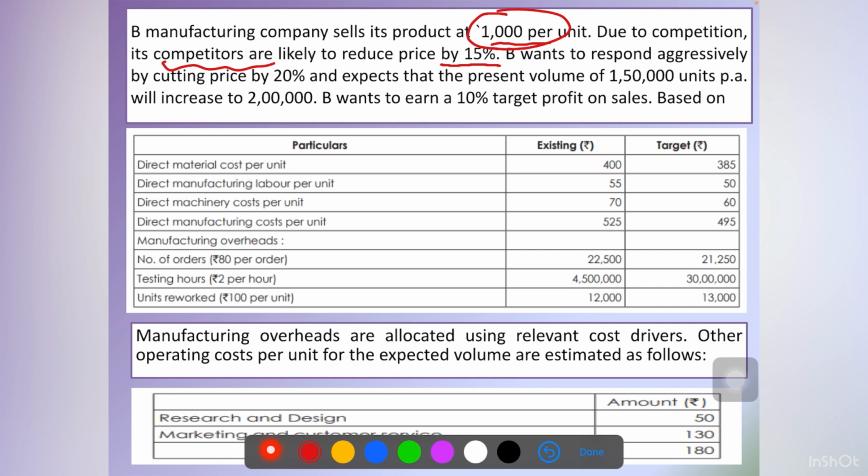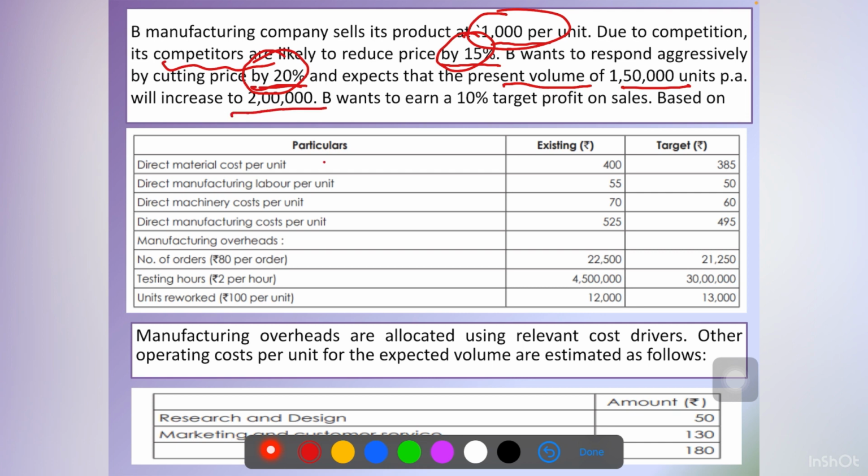Thus, the company wants to reduce its price by 20%. Further, it also expects to increase the present volume from 150 units to 2 lakh units, right?